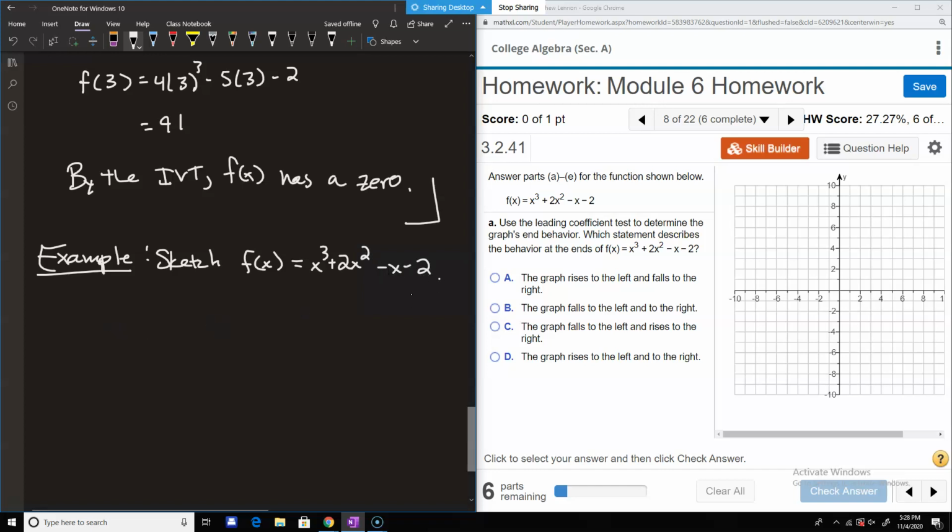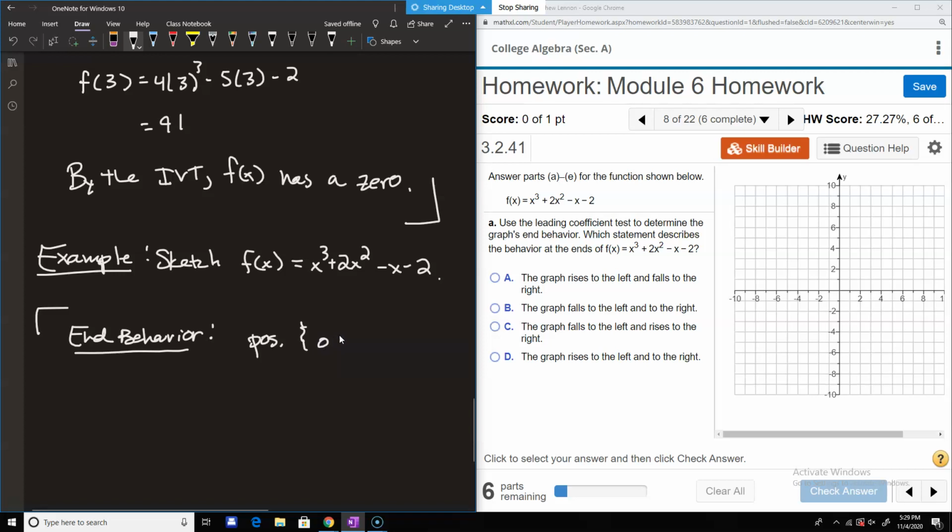So when we have such a problem, we first need to determine the end behavior. So remember, the end behavior, we look only at the leading term, which in this case is x cubed. The number in front is 1, so that means the a sub n is positive. And the power of the leading term is 3, which is odd.